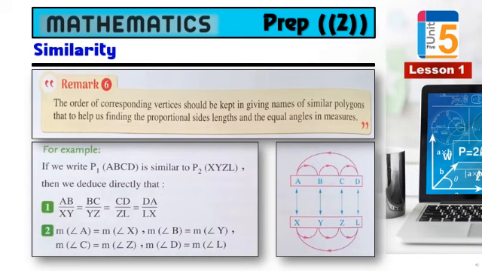So AB over XY equals BC over YZ equals CD over ZL equals DA over LX. So now it's very easy to get the corresponding angles and the corresponding side lengths without looking at the drawing.